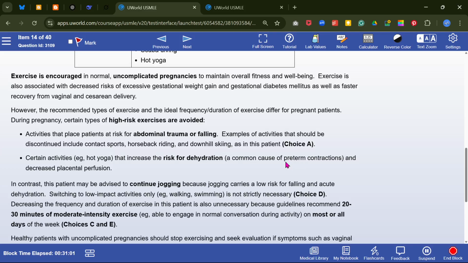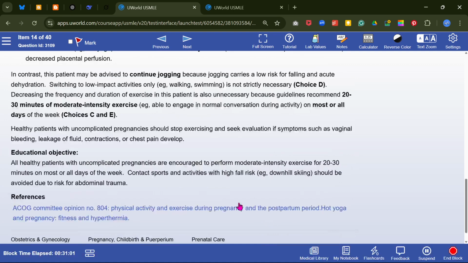Decreasing the frequency and the duration of the exercise in this patient is also unnecessary, because guidelines recommend 20 to 30 minutes of moderate intensity exercise, able to engage in normal conversation during the activity, on most days of the week. Okay.